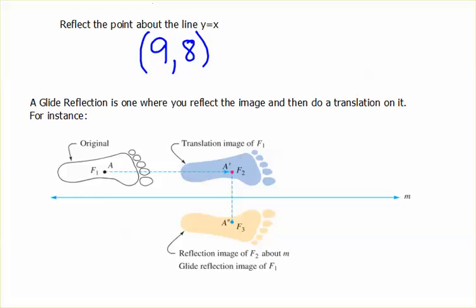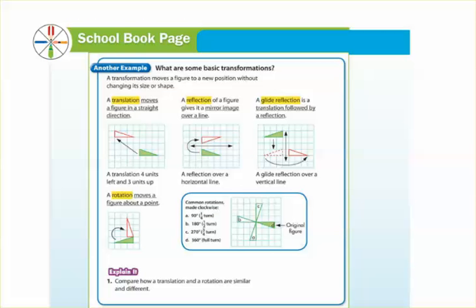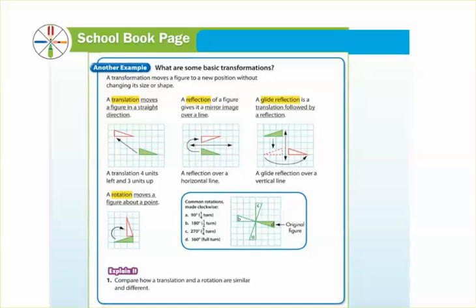I've also included on the last page a sheet that talks about all of the transformations in one place. We have the translation where it just moves a figure in a straight direction. It doesn't change the direction of the figure at all. It just simply moves it left or right, up or down, or diagonally.